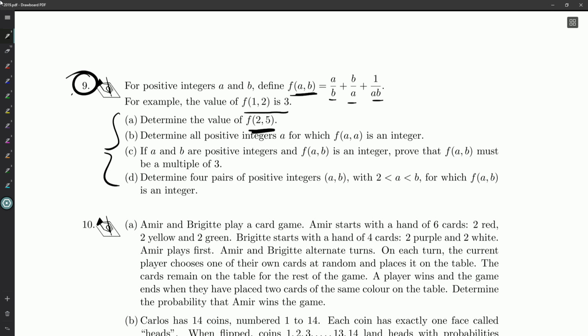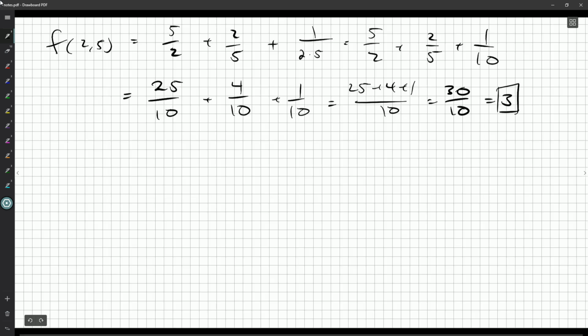All right, B part. Determine all positive integers a for which f of a, a is an integer. Okay. I think, because it looks like we're just going to keep using this function, it might be nicer, especially if I'm going to plug things in, to express it not in terms of a bunch of fractions.